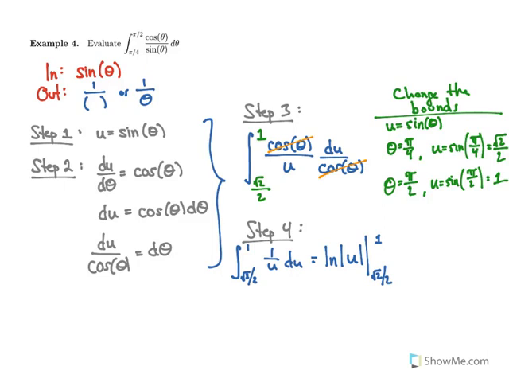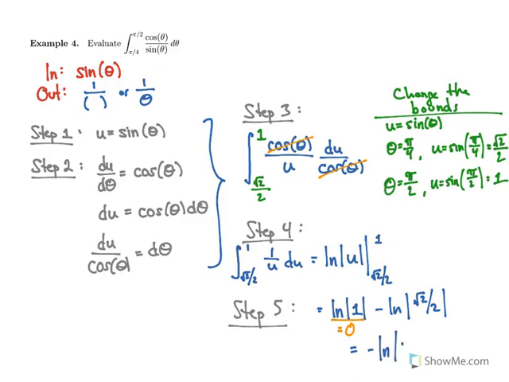We can just plug in at this moment. Let's call that step 5. And we have this is going to be equal to natural log of the absolute value of 1 minus the natural log of the absolute value of square root of 2 over 2. Natural log of 1 is 0, so we could say this whole thing is equal to negative natural log of square root of 2 over 2.